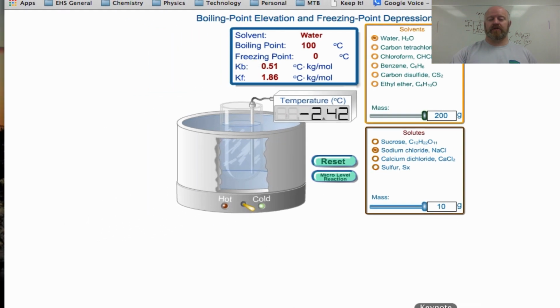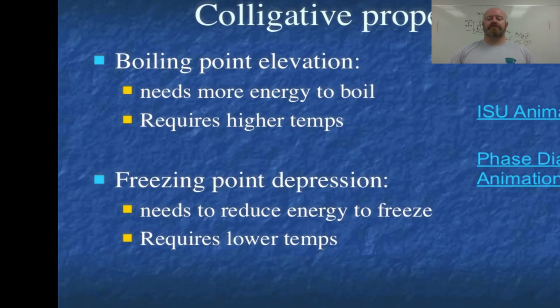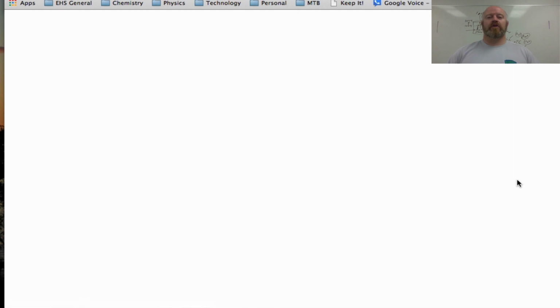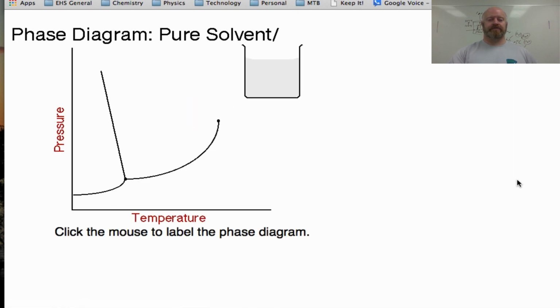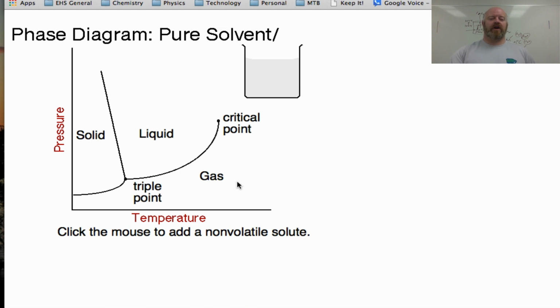Okay? So when you look at that, the result of your colligative properties is that this is your pure solvent, where we have our, again, our pressure, temperature. Remember our phase diagram here, our triple point, critical point.